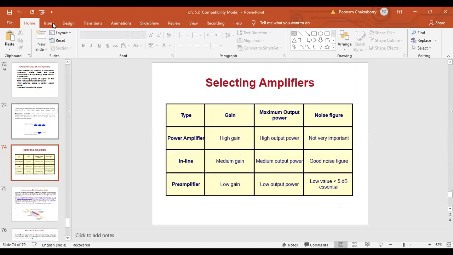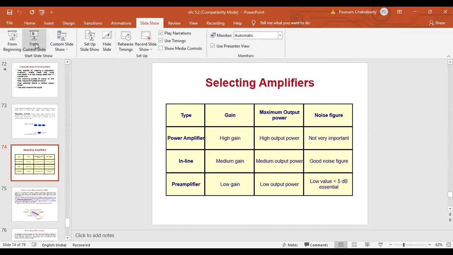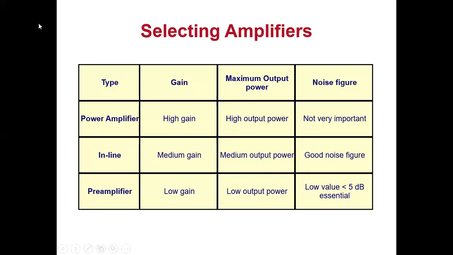So after explaining the characteristics, we have studied the power amplifier, inline amplifier, and pre-amplifier. So how will I select the amplifier? Where I want high gain in my design, I will select a power amplifier.